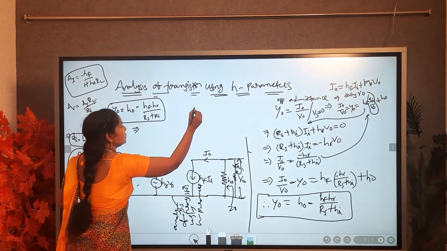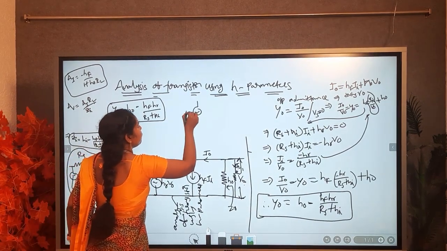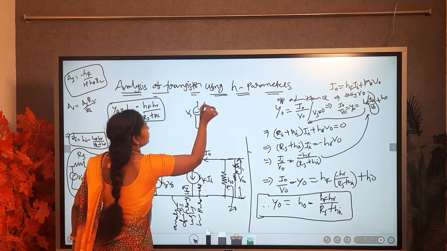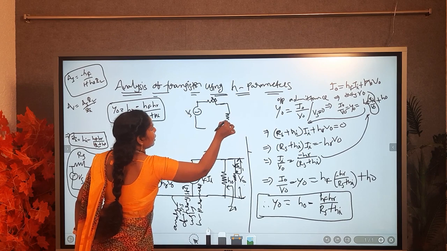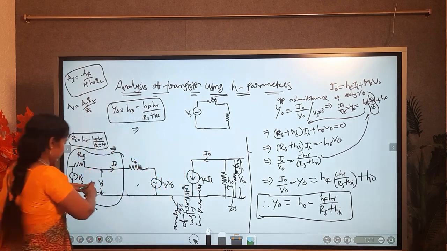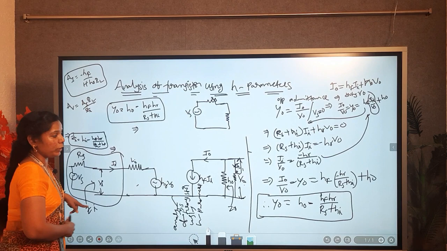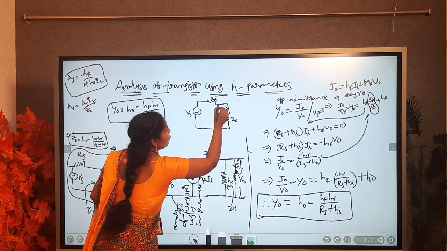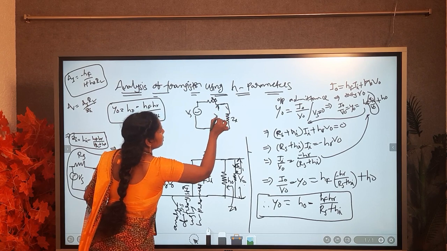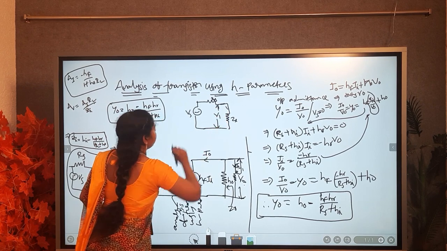So this is the Vs, this is the Rs, and across this is the Zi, the input impedance Zi. There will be a voltage V1 for example.